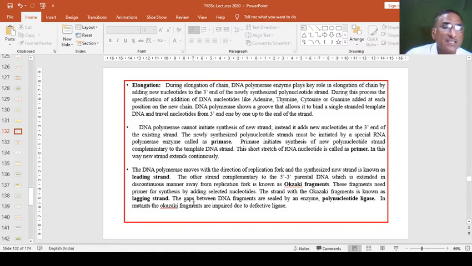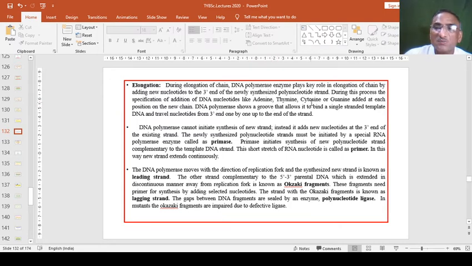Elongation is another process during which the DNA polymerase enzyme plays a key role in elongation of the chain by adding new nucleotides to the 3' end of the newly synthesized polynucleotide strand.